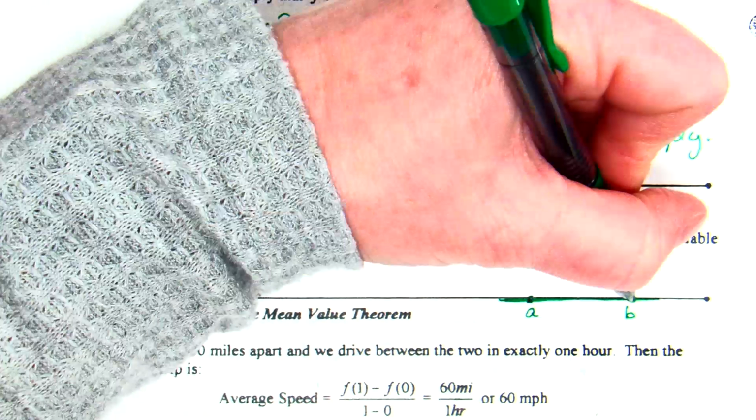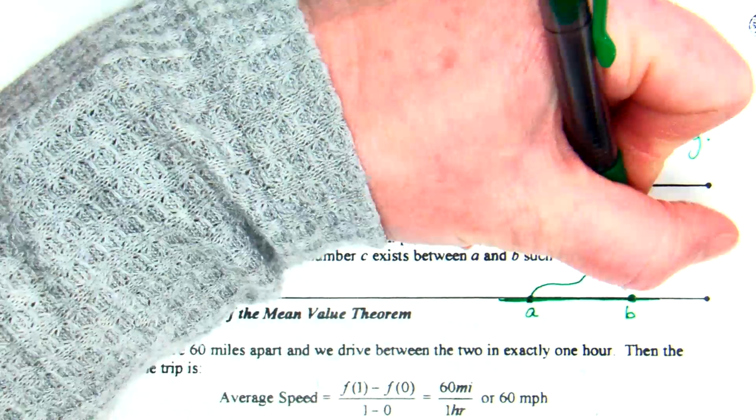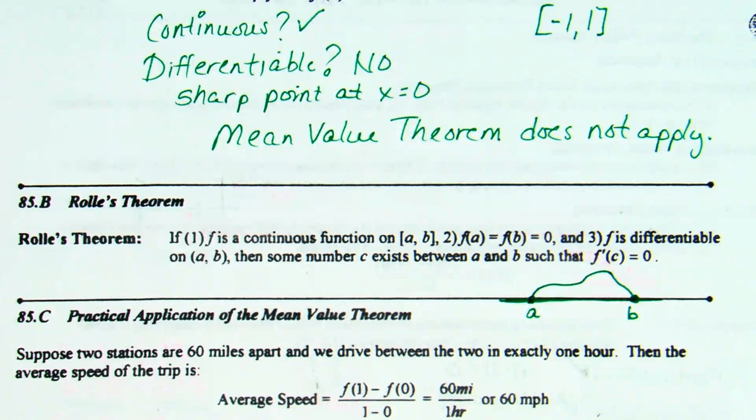There's some continuous graph that connects these. I just draw a curvy shape here. It's saying that some number C exists between A and B such that the derivative equals 0. What is derivative in our brains? Derivative is slope. So, where do we have a slope of 0 on this graph?